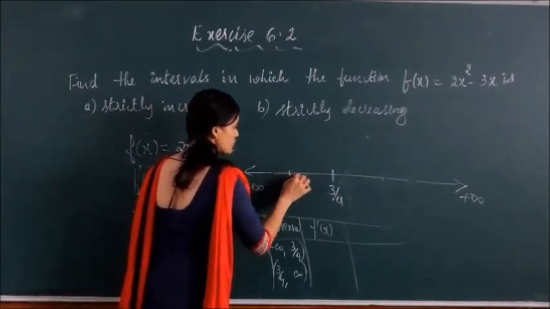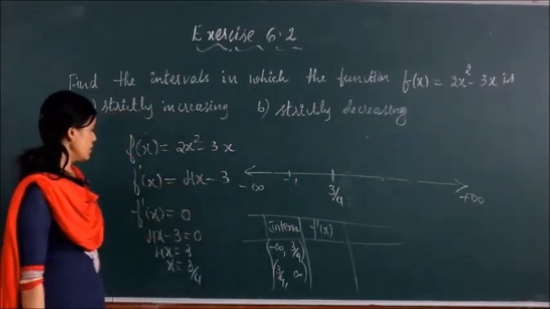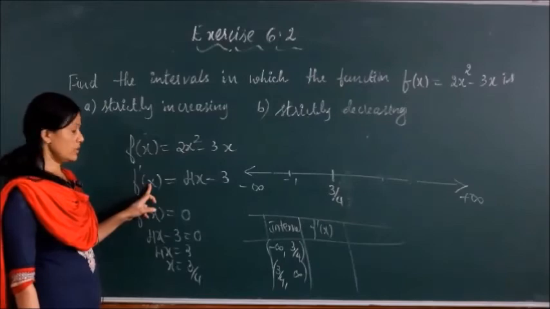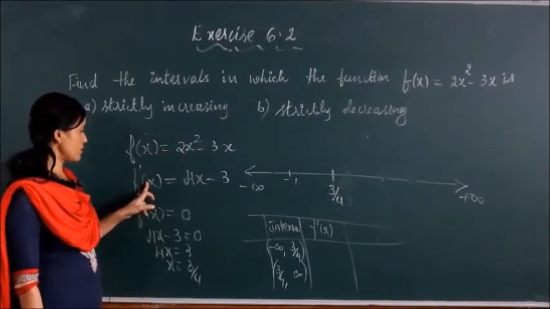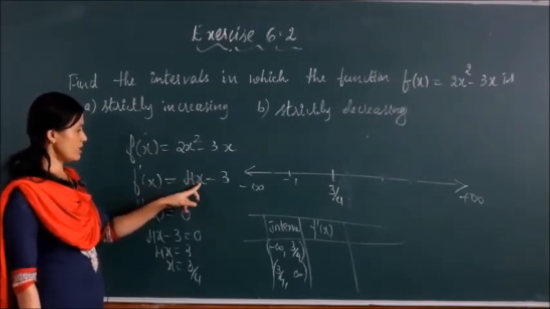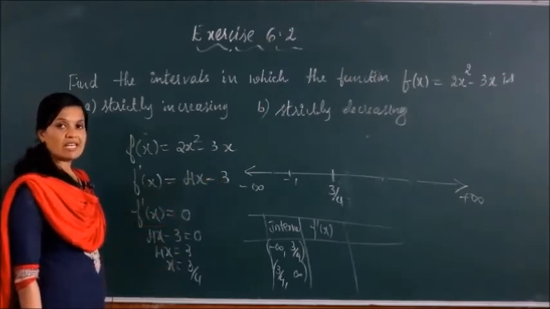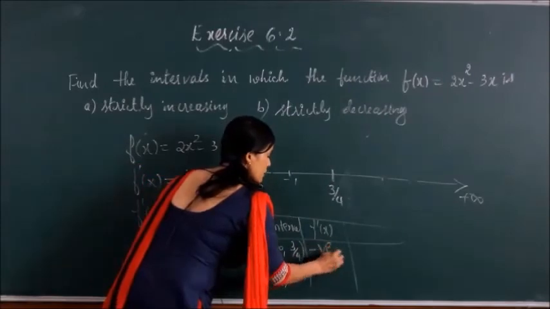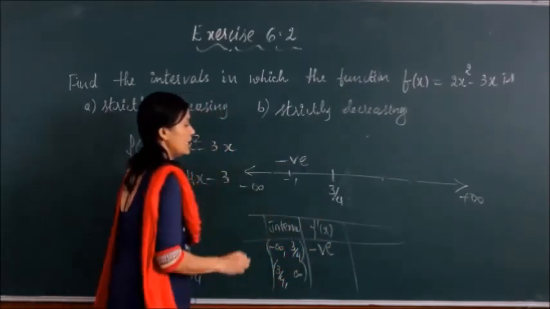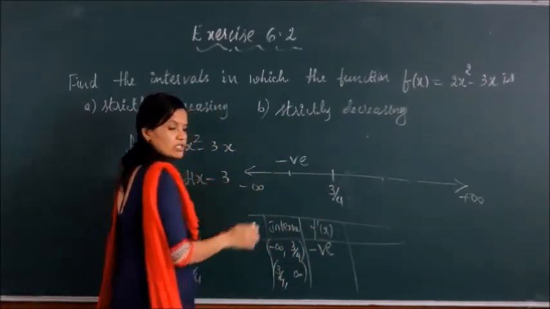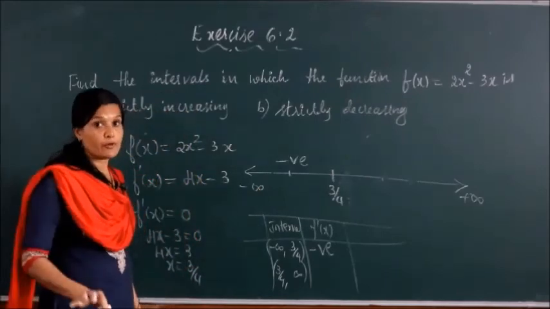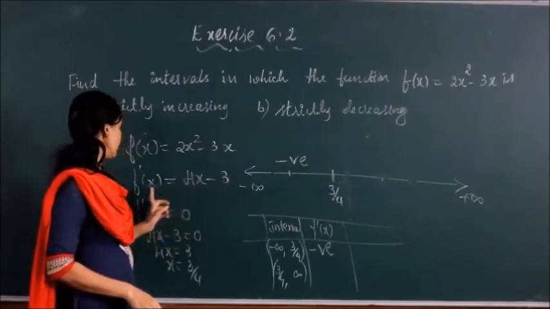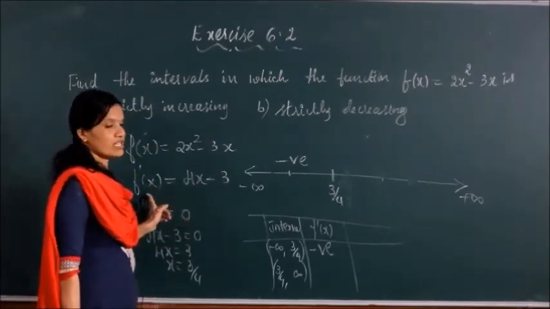So what is f dash of minus 1? 4 into minus 1 is minus 4, minus 3, you will get minus 7. So it is negative. Any point you take in this open interval, it is not only minus 1, it should be true for all the points, you get f dash of x is negative.